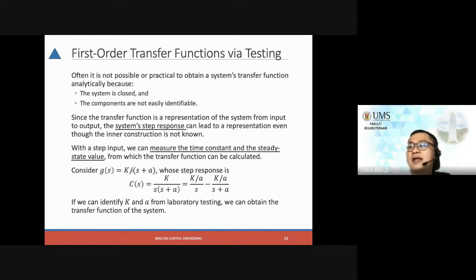This is where I mentioned previously that for many systems, we still rely on testing. For a physical system, especially when you buy, let's say, a DC motor and you would like to know its characteristic, one way is to do a test. The system may be closed, or you do not know what components are inside it.